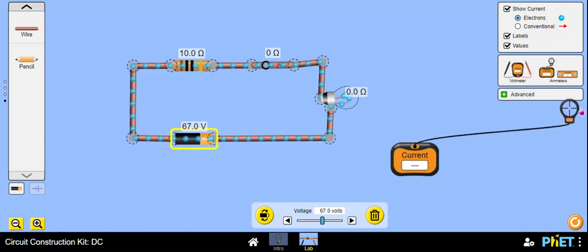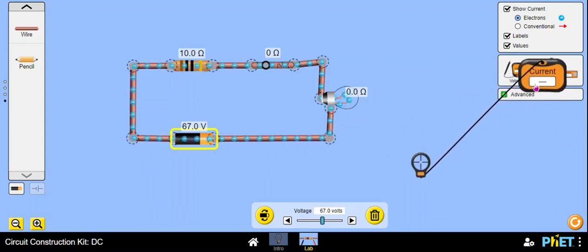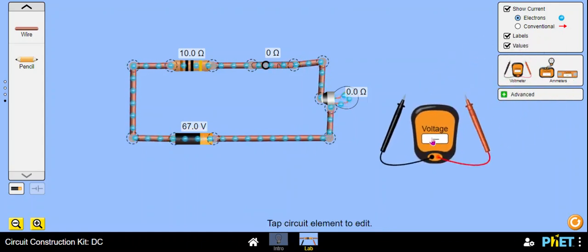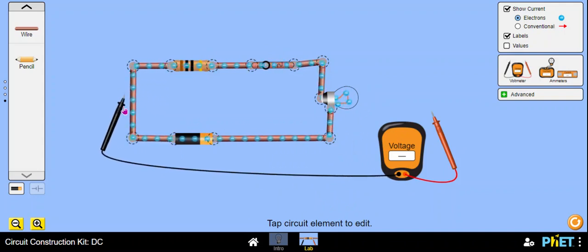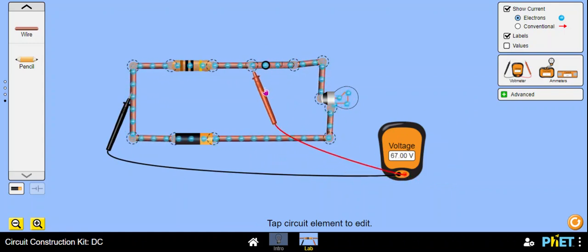Then a voltmeter is used to measure the voltage, the potential difference, in circuits. It's usually connected in parallel. Now if I take out the values for it, and we didn't know the value here, you can simply put your probe here and here and it will tell you.